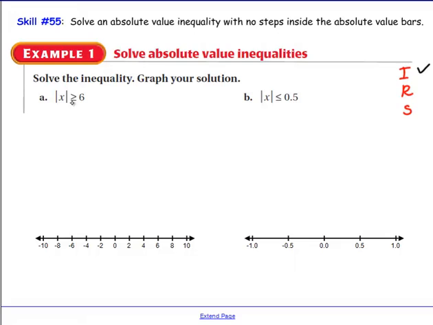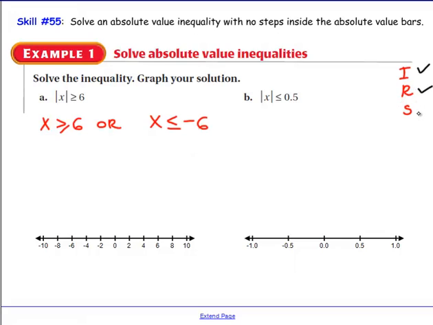So the distance away from 0 has to be greater than or equal to 6, which means that I have to be further away from 6 or further away from negative 6. So my rewriting part is going to look like this. X is greater than or equal to positive 6 or X is less than or equal to negative 6. So that is going to be our rewriting.